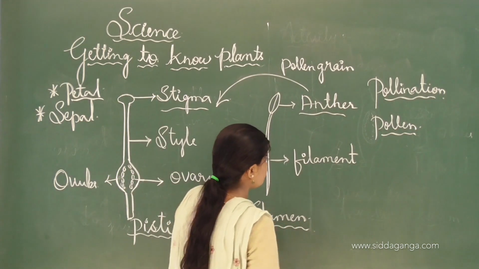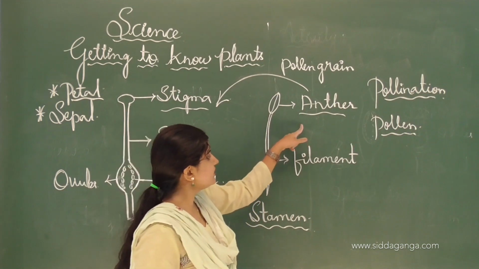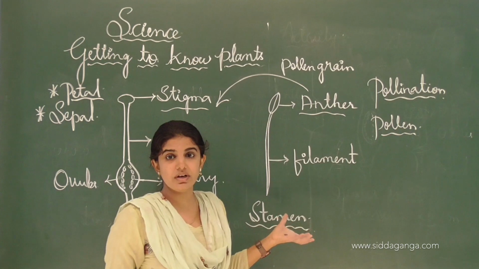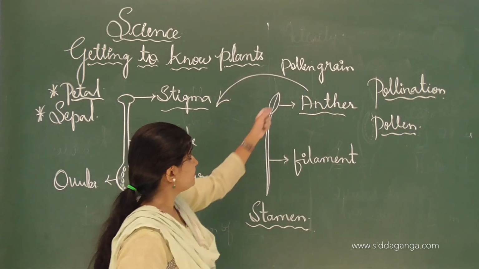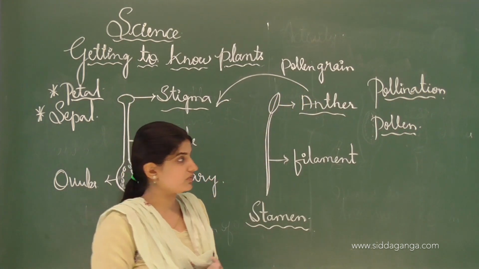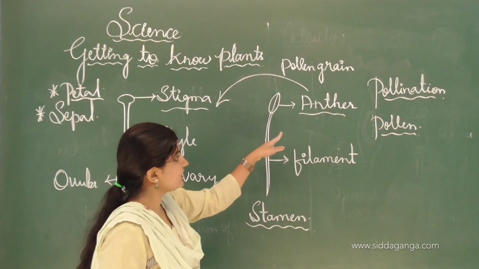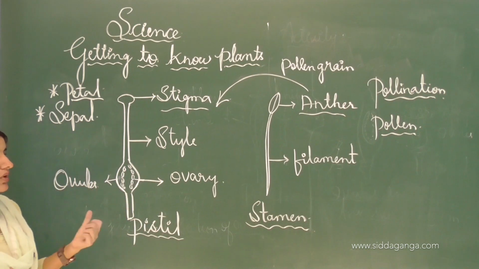Stamen is the male reproductive part of a flower, which is divided into anther as well as the filament. Anther consists of a yellow powdery substance, called pollen grains, which is responsible for the pollination process. See, pollination is nothing but the transfer of pollen grains from anther to the stigma of a flower. We call it pollination.